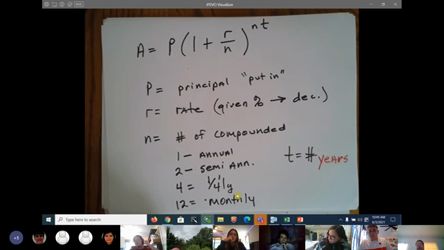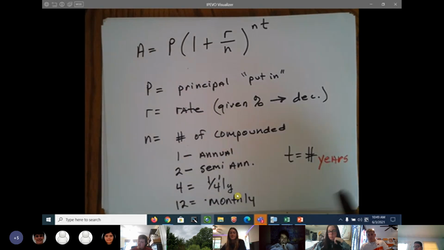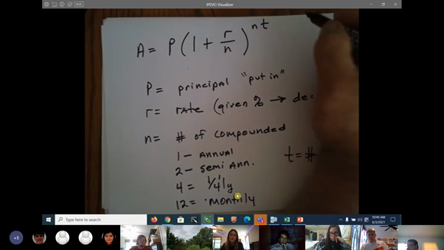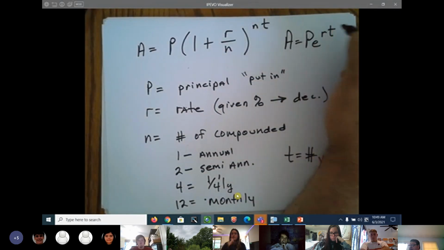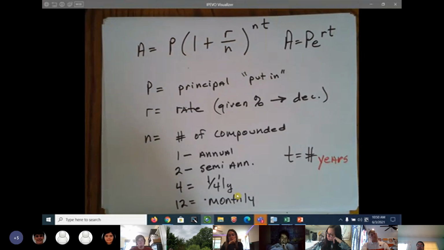Write that down. If I tell you 6 months, T is not 6. T is 0.5. You need to write that down. So it's got to be in years. Same thing. A is equal to P e to the RT. That's for continuous.